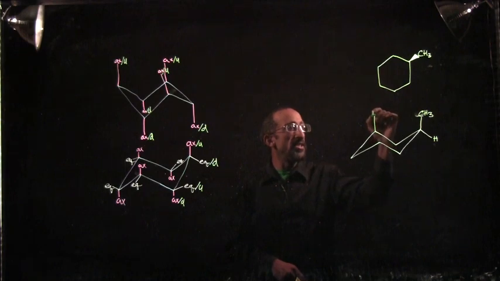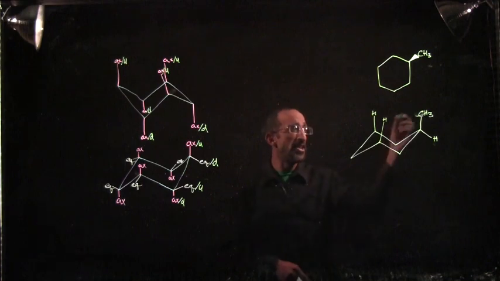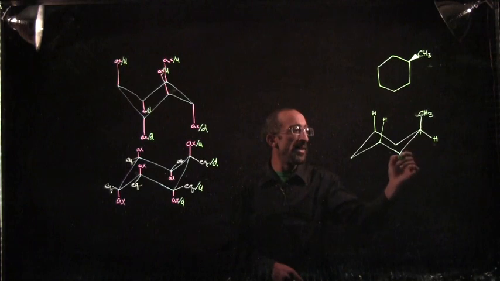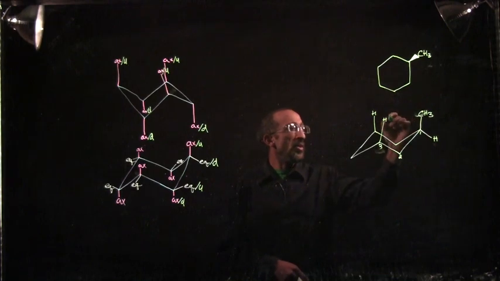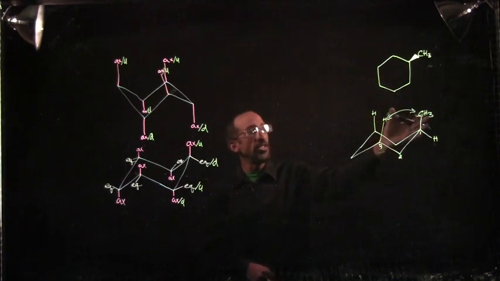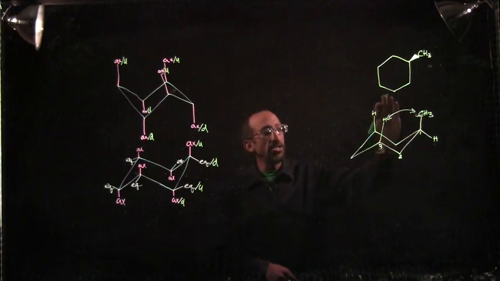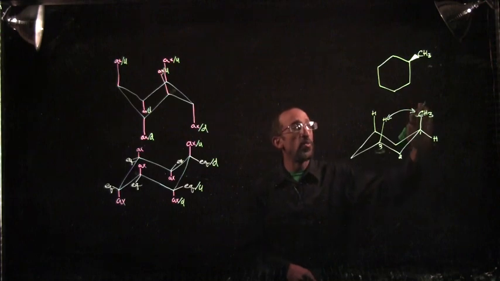What we need to consider in this situation is what's known as a 1,3 diaxial interaction. And so we can see here, if I number this carbon 1, that would make this 2, and this carbon 3. We see that there's this potential interaction between the axial substituent at carbon 3 and our methyl substituent at carbon 1.